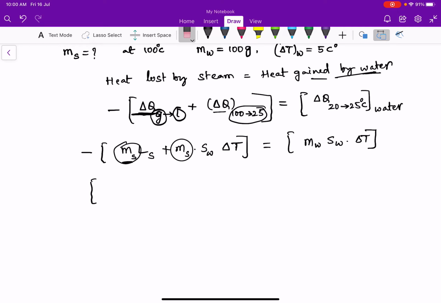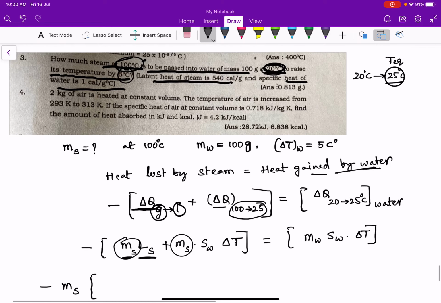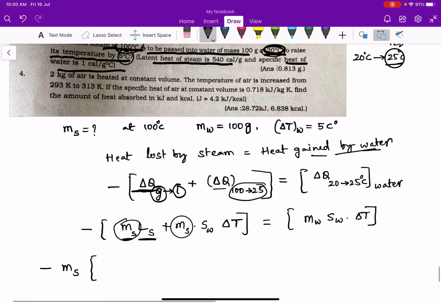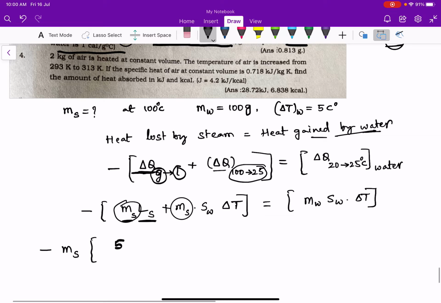So, mass of the steam into Ls. Ls, the latent heat of steam, is given as 540 calories per gram, plus m s is taken out as common.